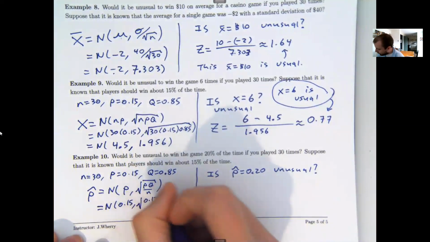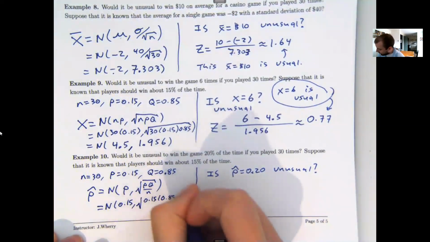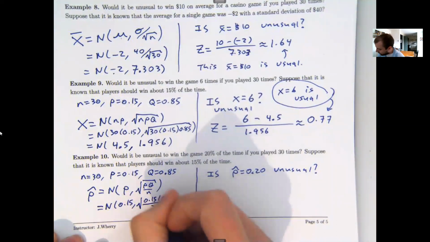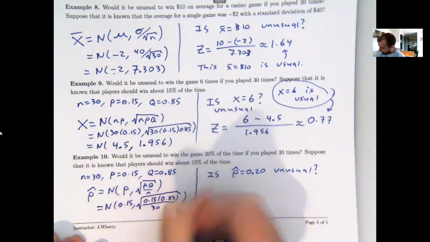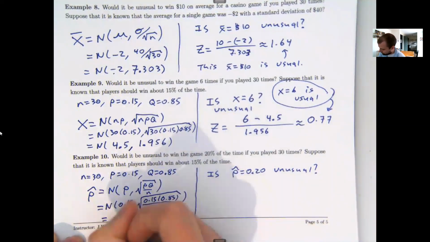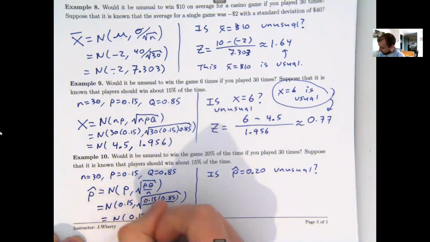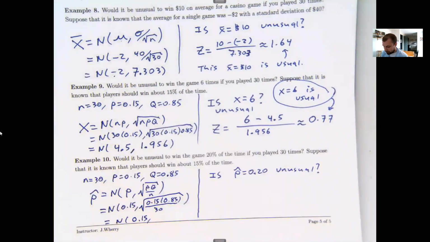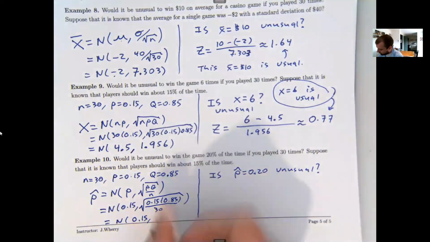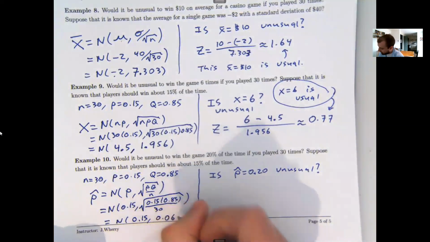Square root of 0.15 times 0.85, and this is all out of 30 samples. I'm going to type this square root into my calculator. And when I do that, I get 0.065 or so.